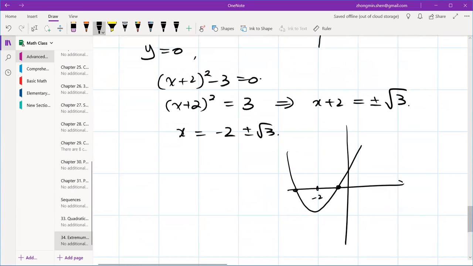And the distance between those 2 points is square root of 3. Okay, so -2 plus square root of 3, you get one x-intercept. -2 minus square root of 3, you get another x-intercept. So those are the x-intercepts.